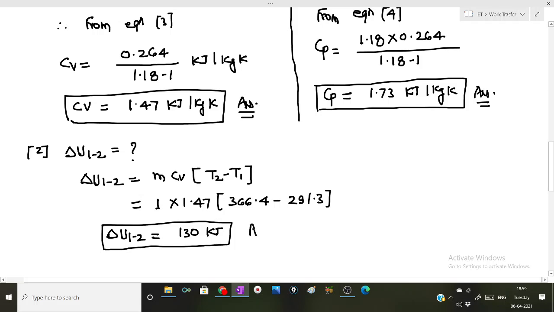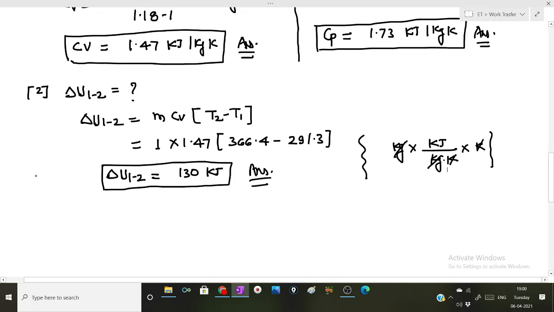So this is the required answer number 2. You can also do the unit calculations: unit of mass is kg, unit of Cv is kilojoule per kg Kelvin, and for temperature difference, whether you take degrees Celsius or Kelvin, it is the same. So this way we will get the unit of change in internal energy, delta U 1 to 2.